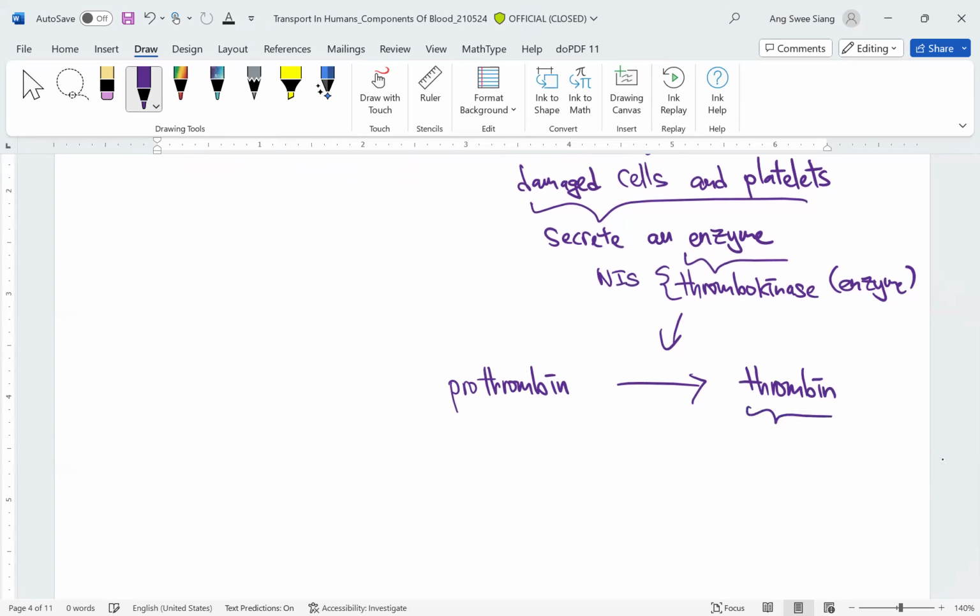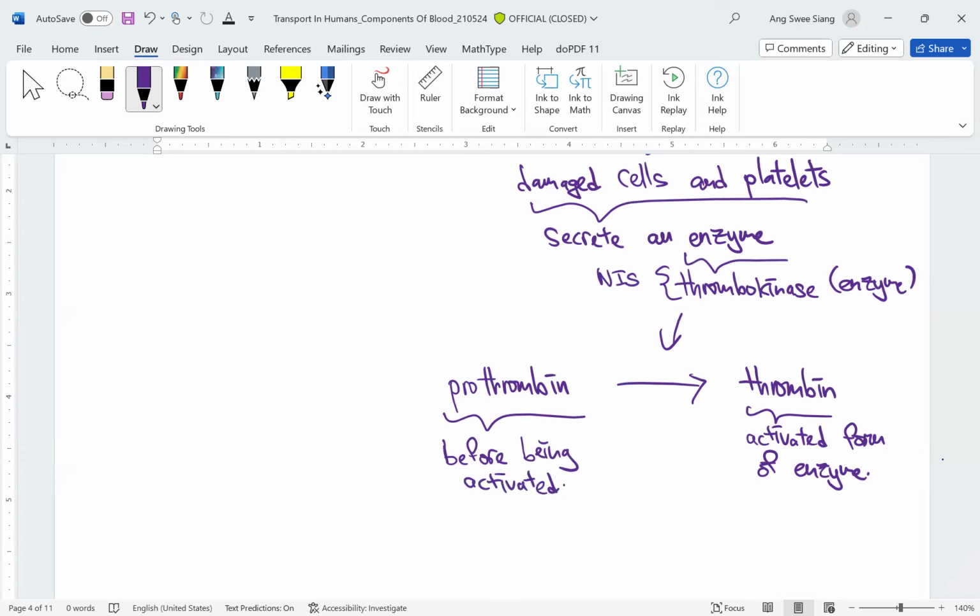It is the activated form of the enzyme, while prothrombin is before being activated. So what is the requirement for activating the prothrombin? Thrombokinase is the reason for the activation of prothrombin, or the conversion of prothrombin to thrombin.